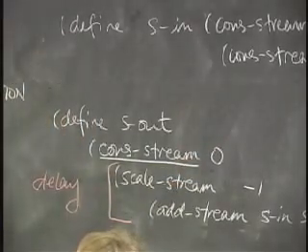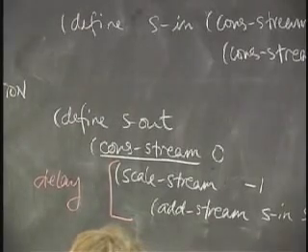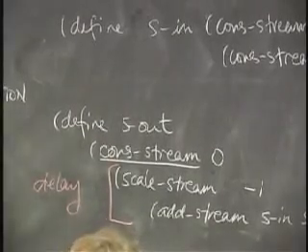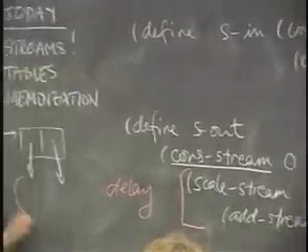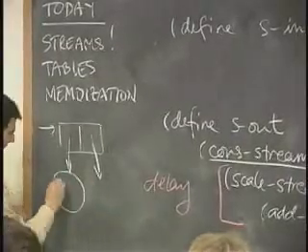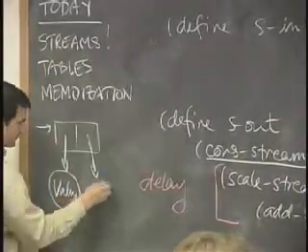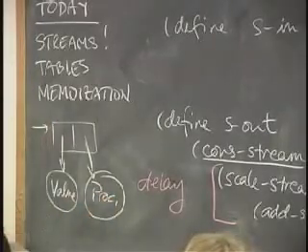So the secondary idea here is that in a stream you have two elements. The first element is the constructed value. And the second element is a procedure to construct the rest of them.